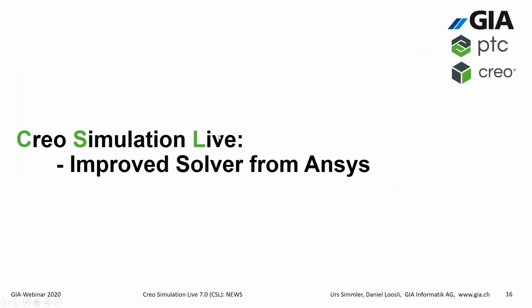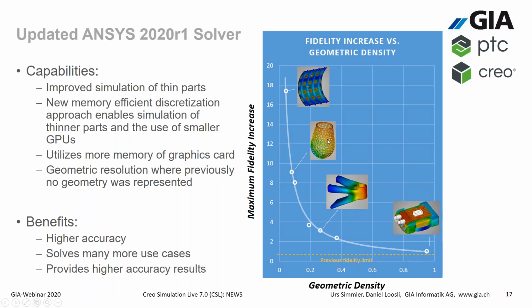Then there are also news from ANSYS. I think everybody knows that Creo Simulation Live is an integrated ANSYS product within Creo Parametric, and they also improved their solver. In the old solver, they just took the bounding box of the components and then they filled it with voxels, and then they brought in the calculation.